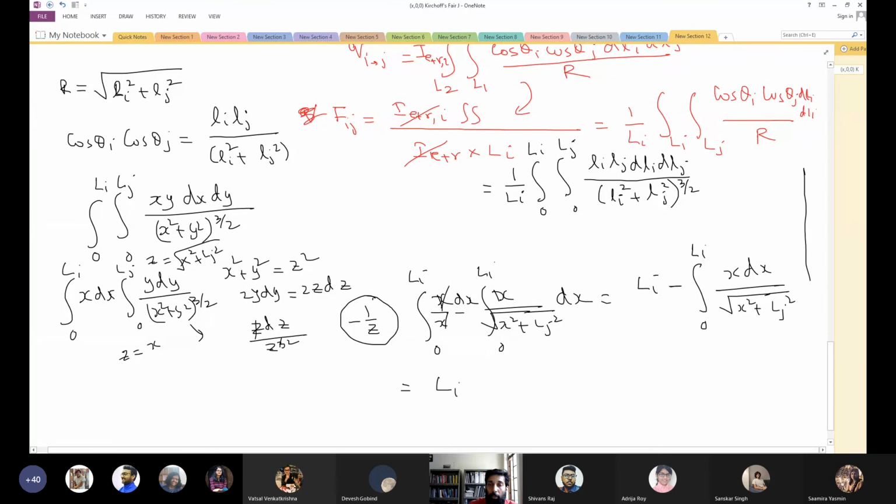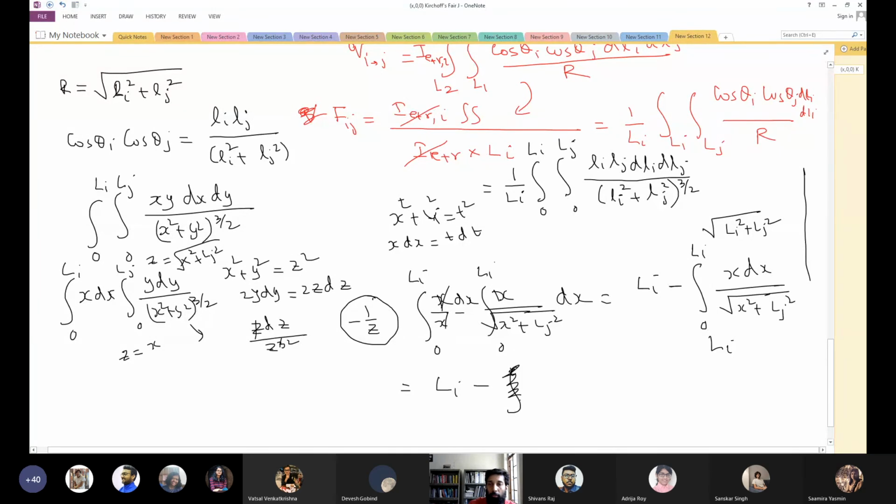So this becomes Li minus, again with x square plus Lj square equals t square. So x dx equals t dt, and this becomes dt, that means t. When x is 0, t equals Lj, and when x is Li, t equals the square root of Li square plus Lj square.